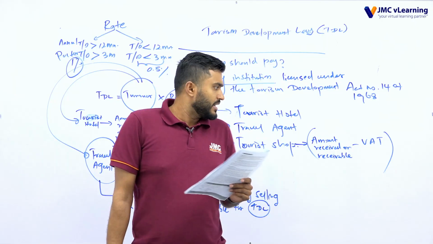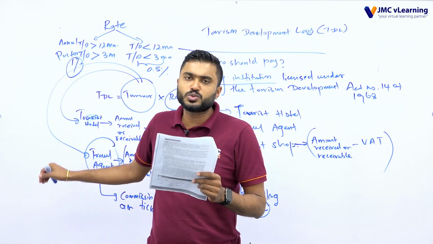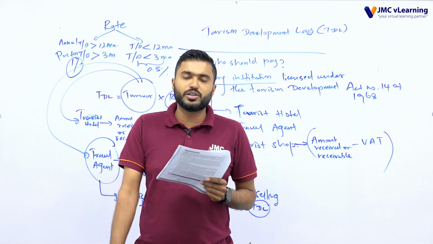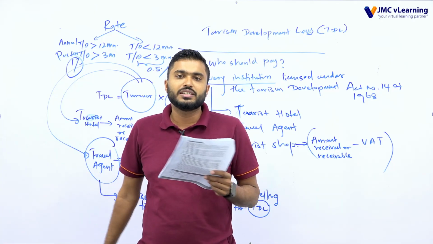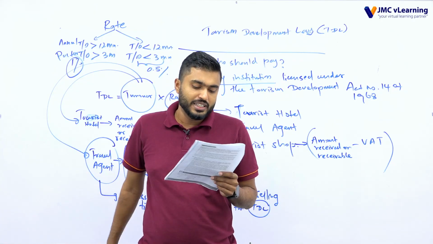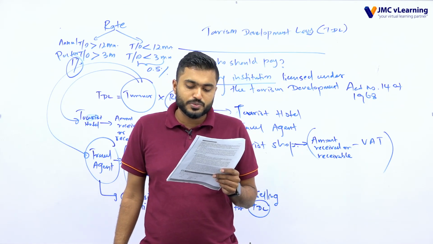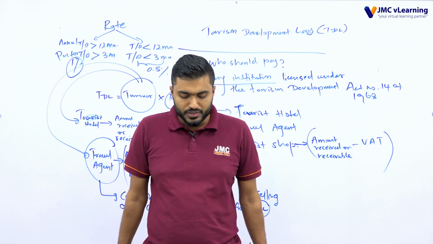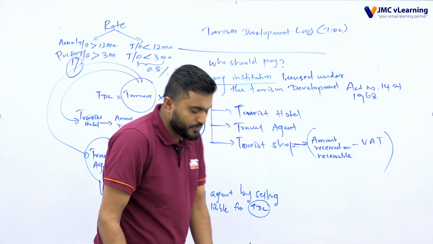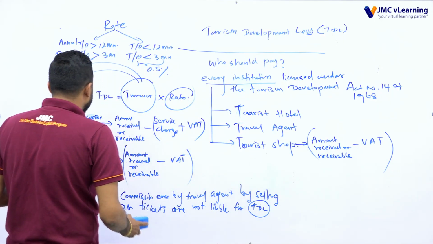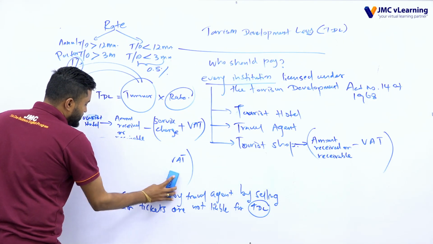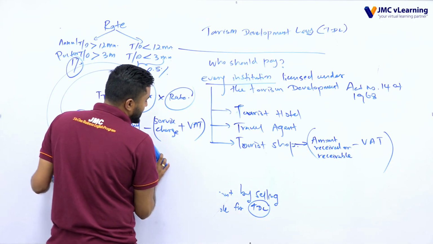To whom do you need to pay this tourism development levy? That is not for the Commissioner General, that should be remitted to the Director General of the Ceylon Tourist Board. Not for the Commissioner General of the Inland Revenue.